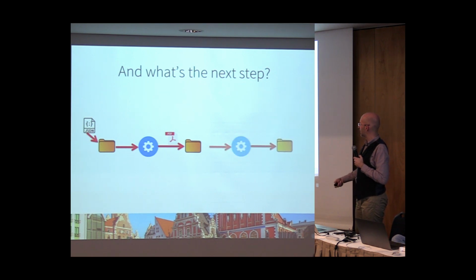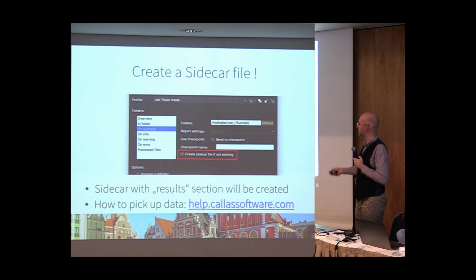What's the next step? I already showed you. When you have this JSON file in, the JSON file will be processed once and moved into the processed output folder, and not into the success or info output folder. So you can simply use this sidecar file. And like we already mentioned several times now, you can pick up the content from this created sidecar file using some JavaScript.